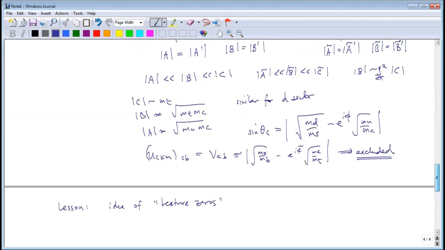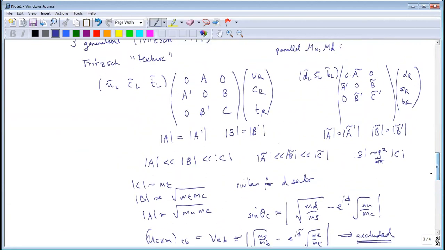So if I scroll back up and stare at the Fritzsch ansatz, you see the form of the matrix is such that there's some zeros in certain places, and there's some special looking features. So this became known as texture, meaning we have parts of the matrix that have big entries, parts that have small entries, so it's got some structure to it that people call texture.